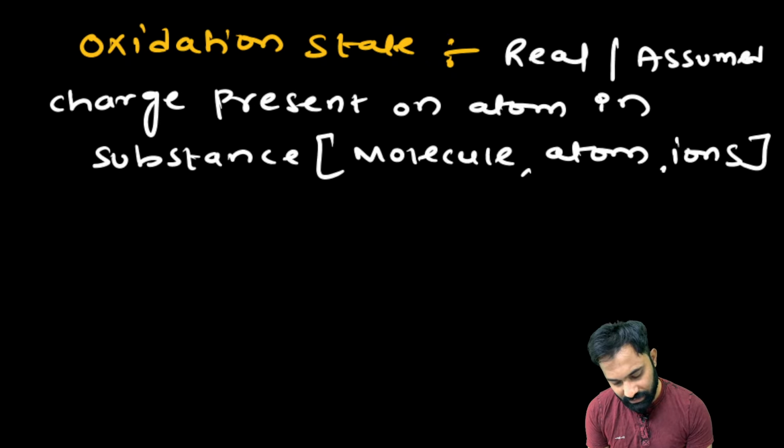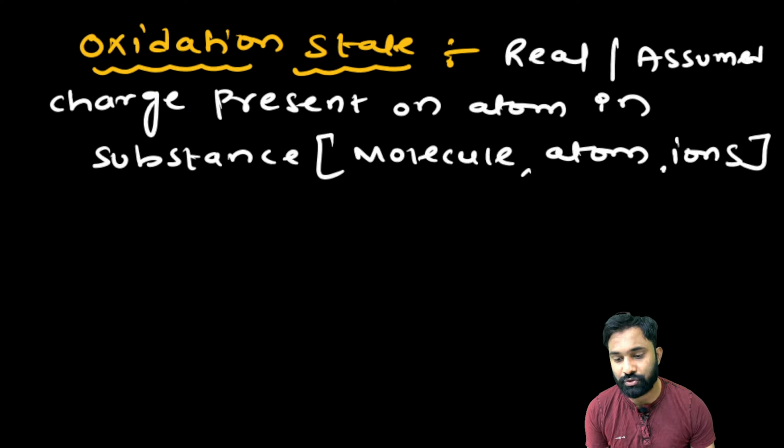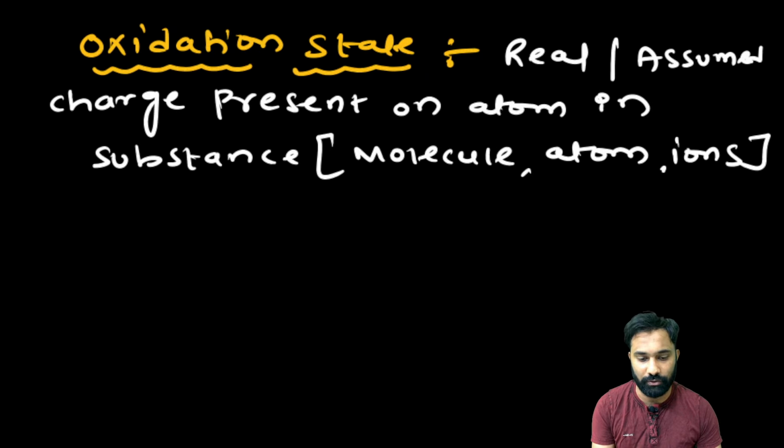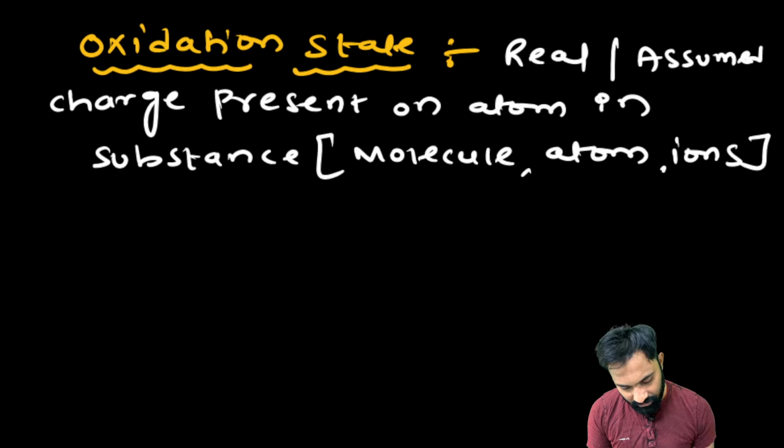Now, next one, before going to our rules to calculate the oxidation state, we have to know how to identify the oxidation number of the given atom or given species or given molecule. This is the one key and very important trick I will say to you.